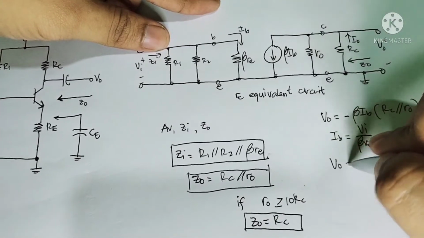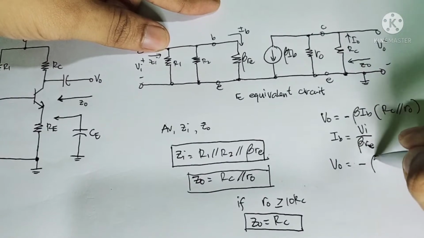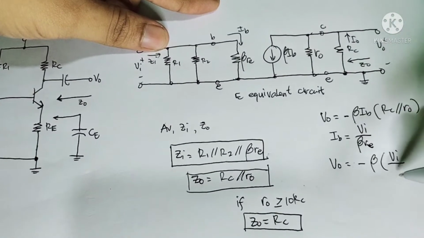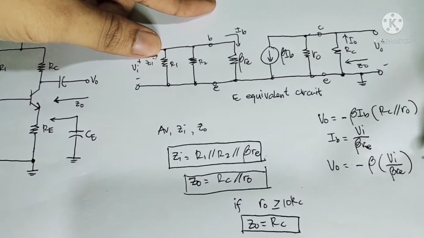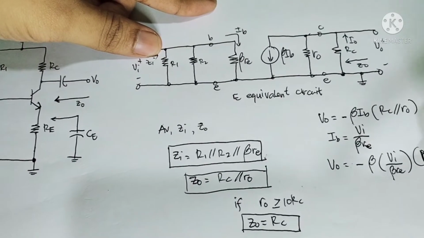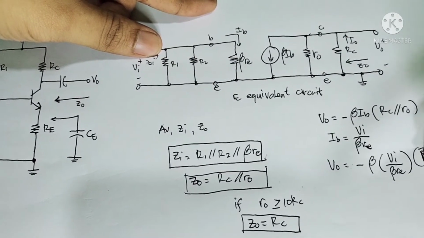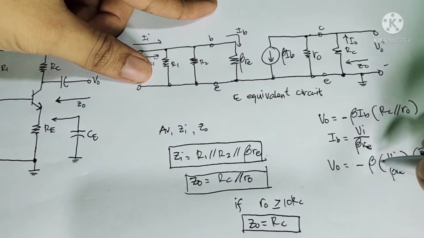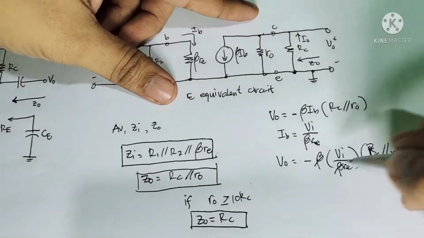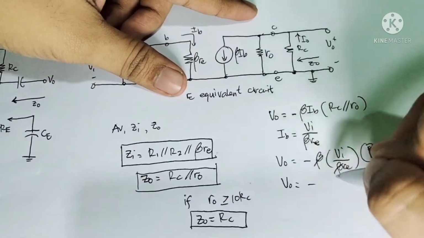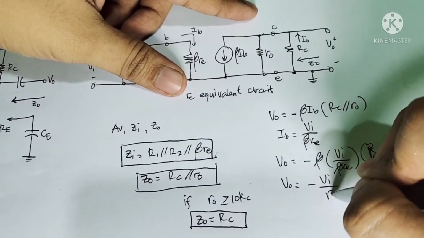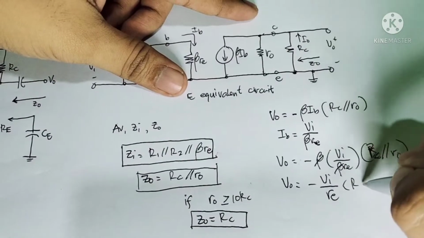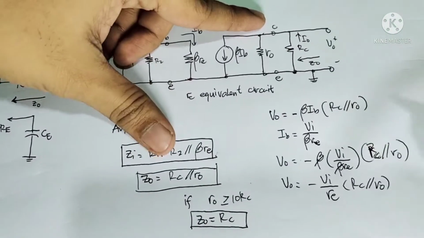So V out is equal to negative beta times VI divided by beta RE, times RC parallel with R sub O. As you can see, beta cancels. Therefore, negative VI divided by RE times RC parallel with RO.